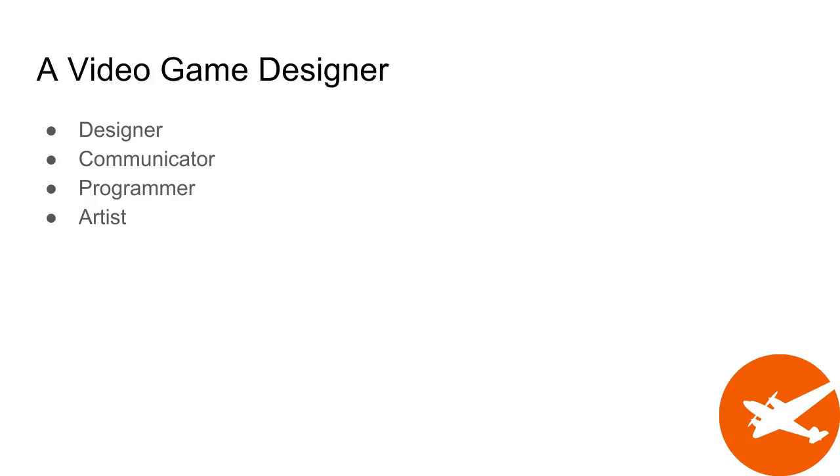So you're going to have to talk to programmers, you're going to have to talk to artists, and you're going to have to understand the words that they use. And not only are you going to have to talk to them, there are going to be times where you're going to have to play those roles, right? Specifically, a programmer, you're going to have to realize a lot of your own ideas before you can intimately speak about them. We'll discuss that a little bit more.